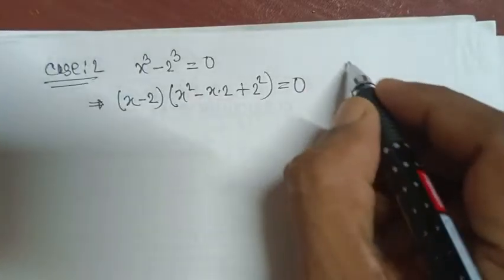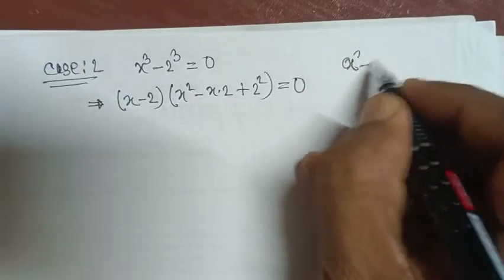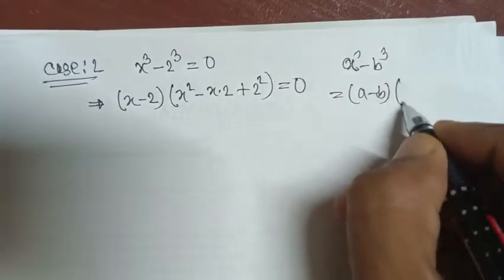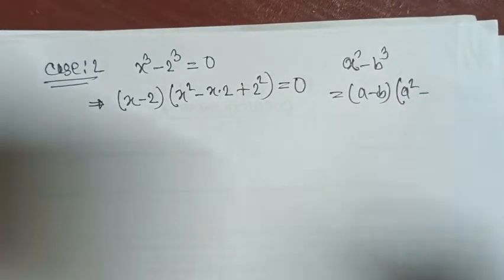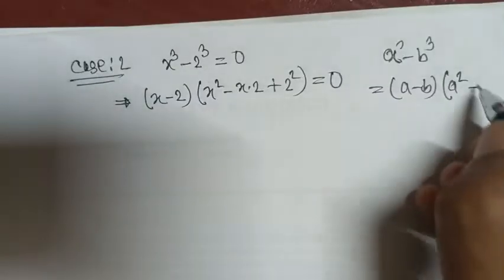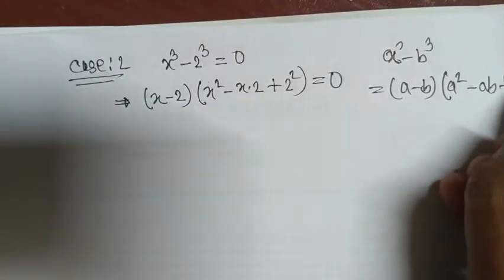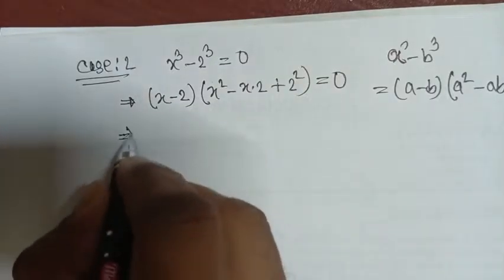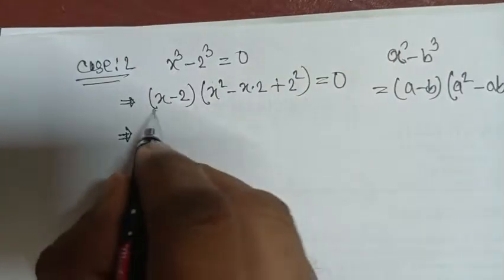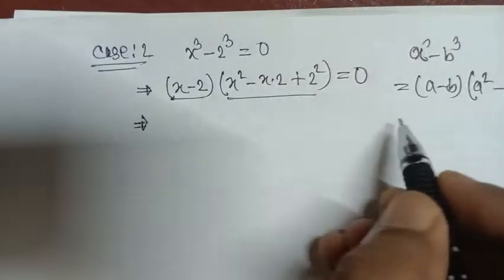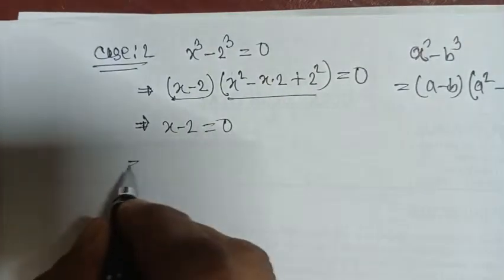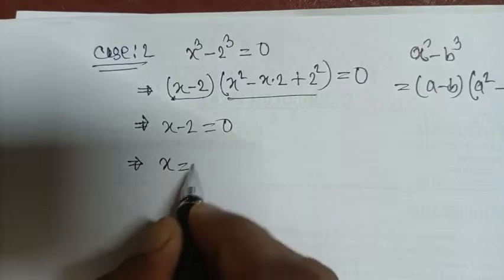As we know that a cube minus b cube is equal to a minus b into a square plus ab plus b square. Therefore the multiplication of two expressions is 0. Either x minus 2 will be 0, then x equals to 2.